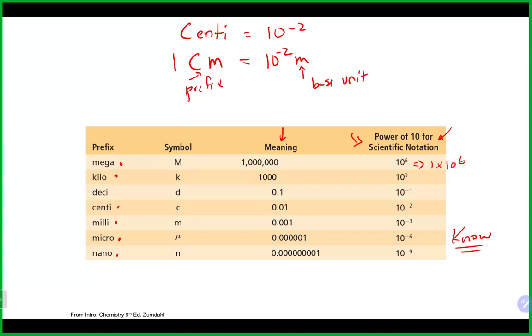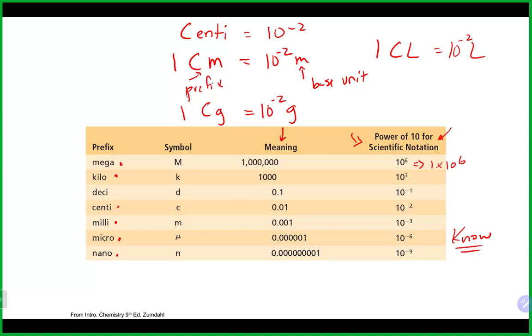By the way, it does not matter what the actual base unit is. If I was doing centigrams to grams, 1 centigram is 10 to the minus 2 grams. If I was doing centiliters to liters, 1 centiliter would be 10 to the minus 2 liters. So it really doesn't matter what the base unit is.